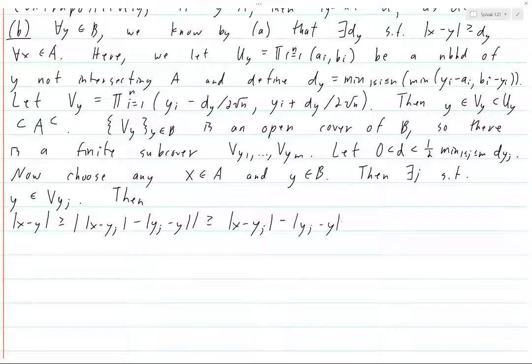Alright, and so the distance between x and yj, well, x is in A. We know that there is a neighborhood... no, it's the distance between x and yj is going to be greater than or equal to dyj by the definition of dyj. dyj was chosen for this particular reason.